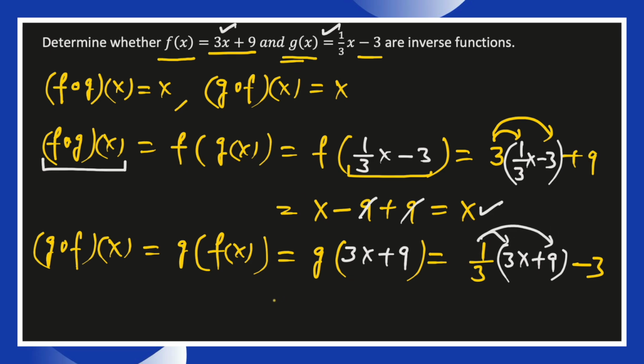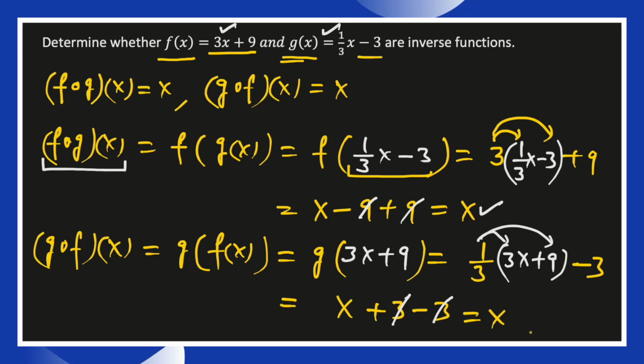So once we distribute this, it's going to be 1/3 times 3 is x, and 1/3 times 9 is plus 3, minus 3. Again, we can clearly see that positive 3 and negative 3, when they combine, they will cancel, they will become 0. So your value is again x.